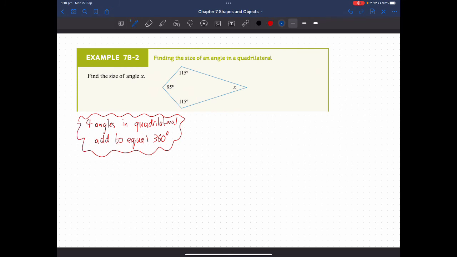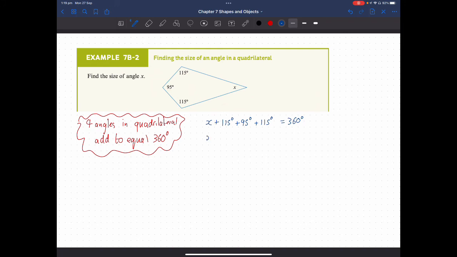So what do we know? We have X plus 115 degrees plus 95 degrees plus 115 degrees equals 360 degrees. So what we're going to do is add up the three numbers that we know.